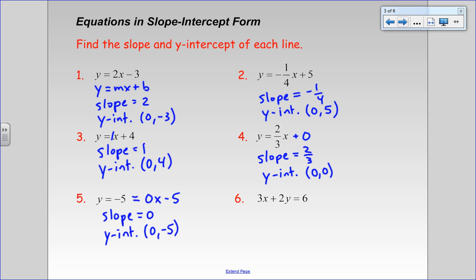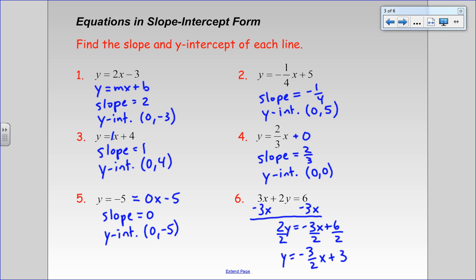Finally, in example number 6, note that the equation 3x plus 2y equals 6 is not written in slope-intercept form. So in order to identify the slope and y-intercept of this line, we first need to isolate y by subtracting 3x from both sides to obtain 2y equals -3x plus 6, and then dividing by 2 on both sides to obtain y equals -3/2 x plus 3.